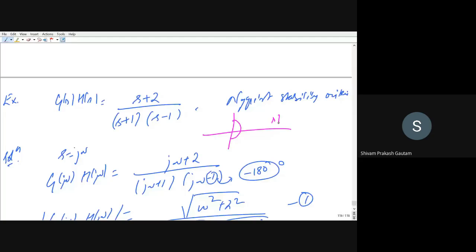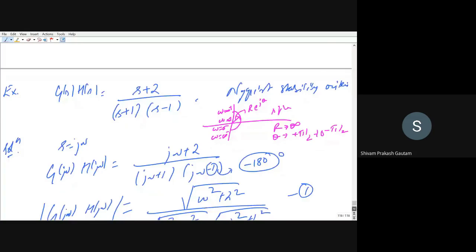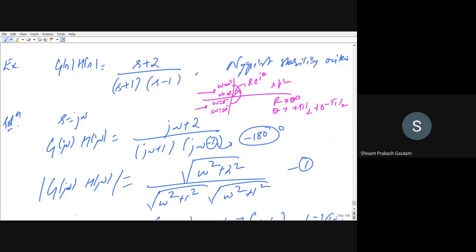This is omega equal to 0 plus, omega equal to infinite plus, omega equal to 0 minus, omega equal to infinite minus, and the radius of this circle will be r e to the power j theta, where r tends to infinite and theta goes from plus pi by 2 to minus pi by 2. So this will be the polar plot, this will be the mirror image of the polar plot, and finally we have to calculate the capital circle, that is the bigger circle.